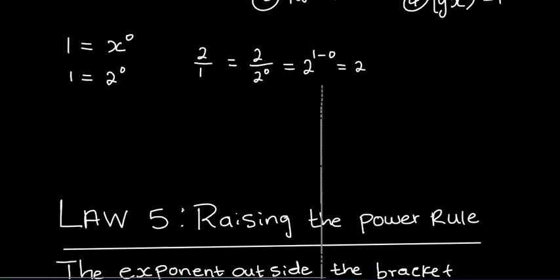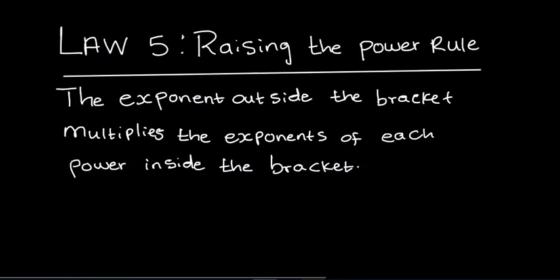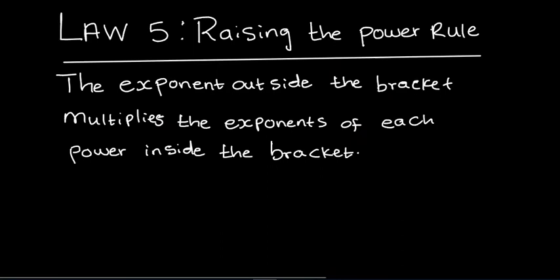Right, then let's move to the last law. The law of raising the power rule. It states that the exponent outside the bracket multiplies the exponent of each power inside the bracket. What does this mean?